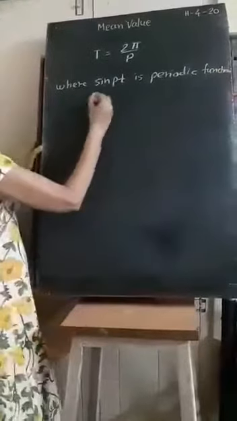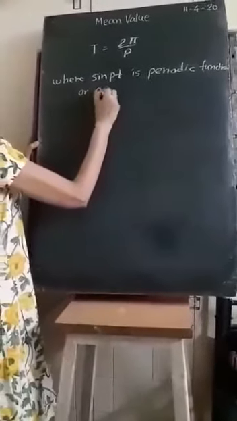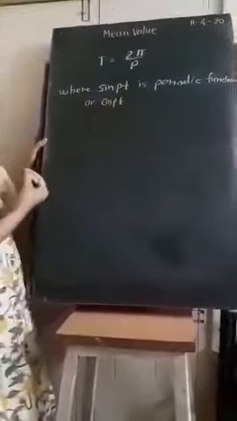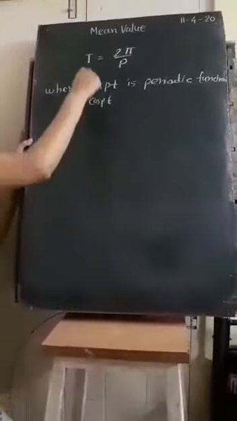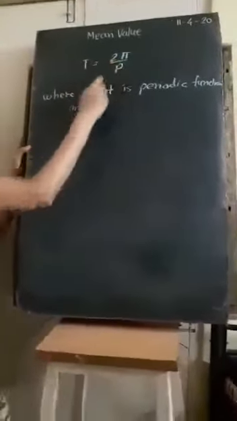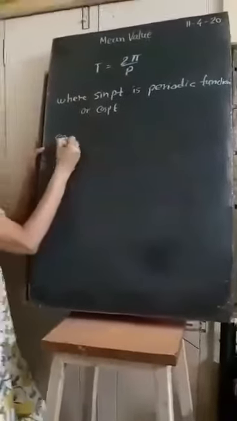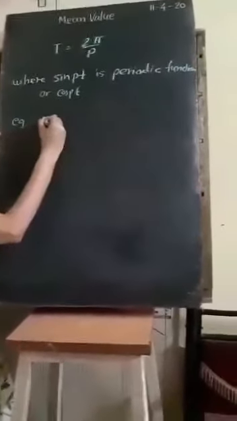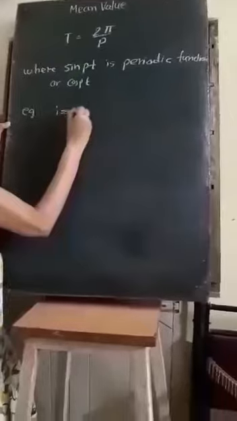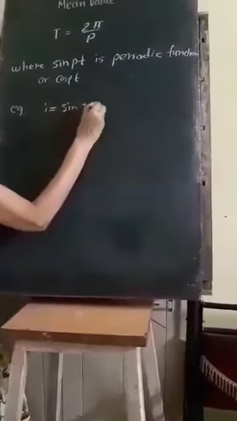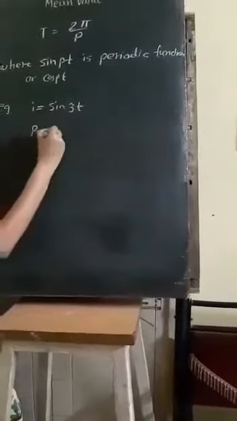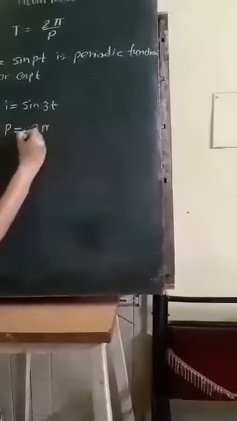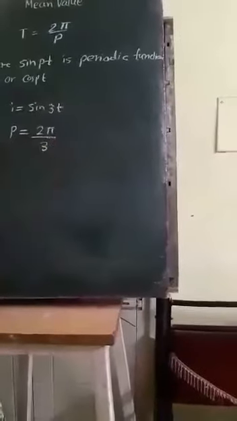So basically sin pt or cos pt are periodic functions, and the period is 2 pi upon p. For example, if the function is sin 3t, then what will be the period? It will be 2 pi upon 3.